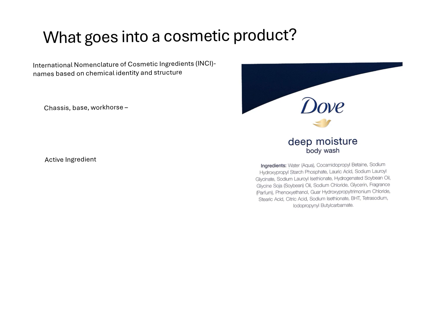The European market implements the International Nomenclature of Cosmetic Ingredients. That is abbreviated as INCI. And these are names based on chemical identity and structure. And a lot of the cosmetic companies have adopted this. Now, a few things to keep in mind. The ingredients here on cosmetics are not a recipe.